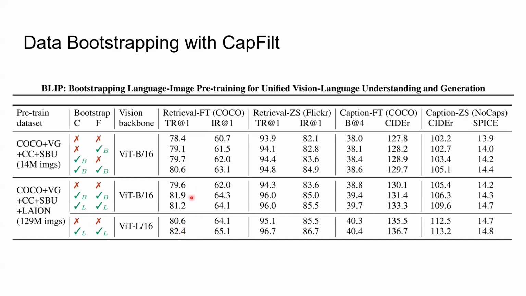In each of these individual sections, you can see that the highest scoring metrics are from the models that had captioning and filtering, ideally with larger backbones.